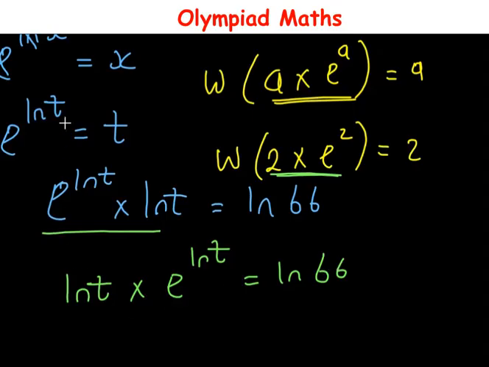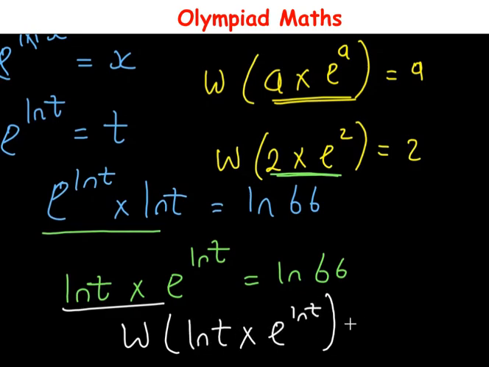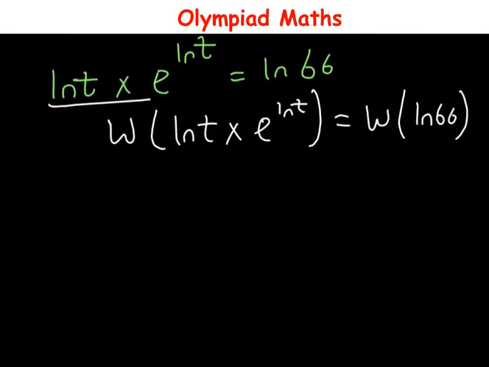With this, we can apply the Lambert W function to this expression. So this becomes W of ln t times e raised to power ln t is equal to W of ln 66. If you apply the Lambert W function to this, what you will get is ln t is equal to W of ln 66.